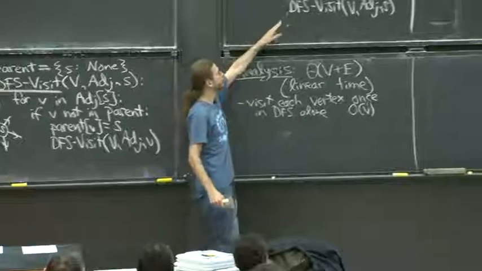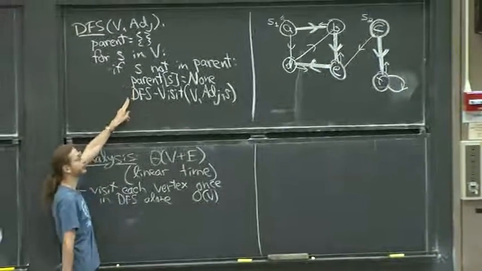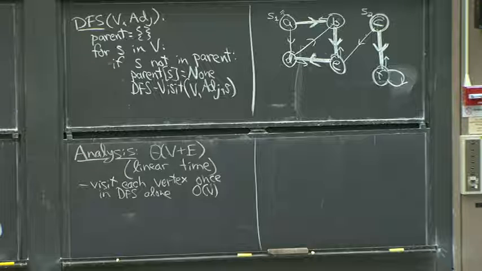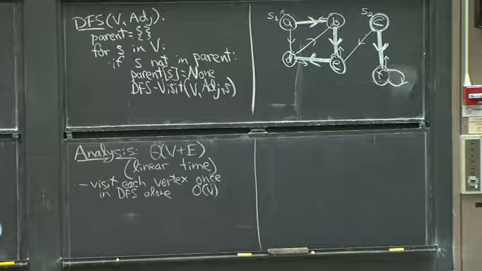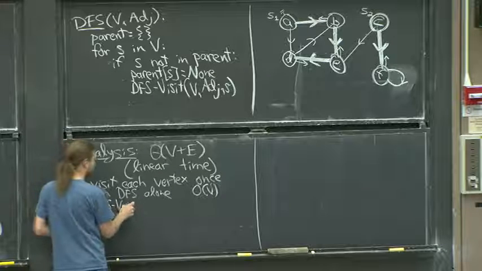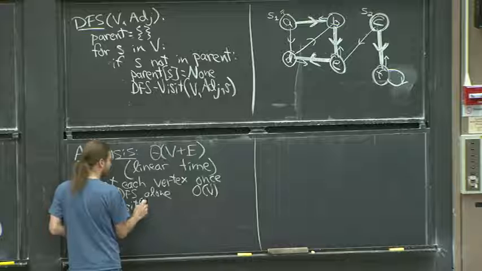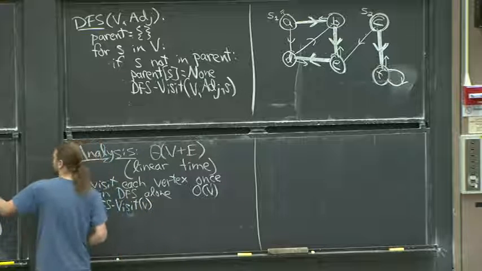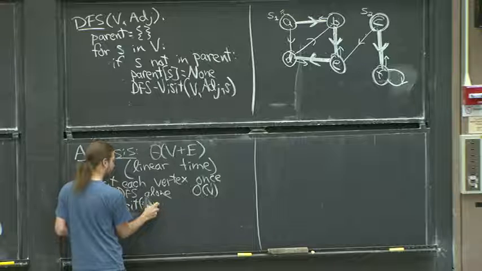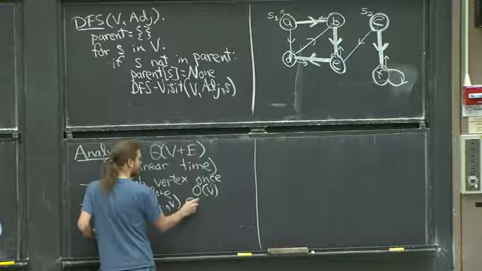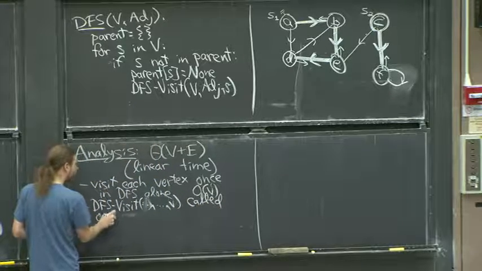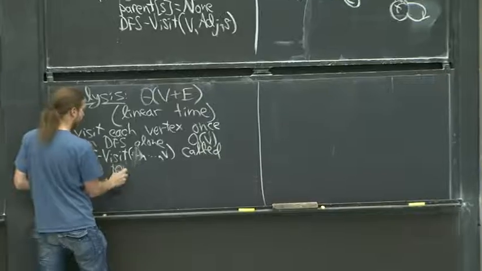Right before we call DFS visit on v here, we set its parent for the first time, because it wasn't set before. So DFS visit of v, meaning the last argument here, is called at most once per vertex v.